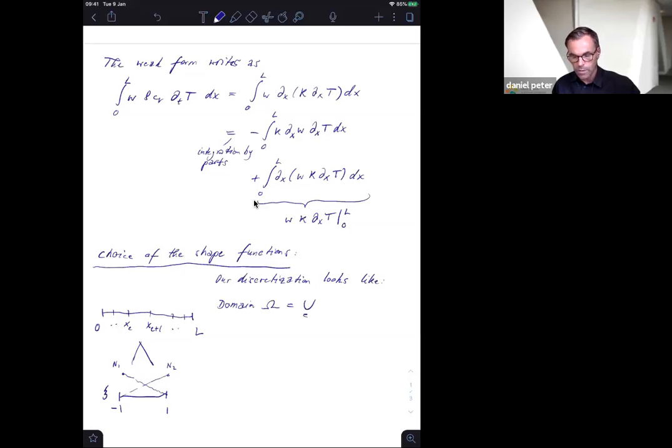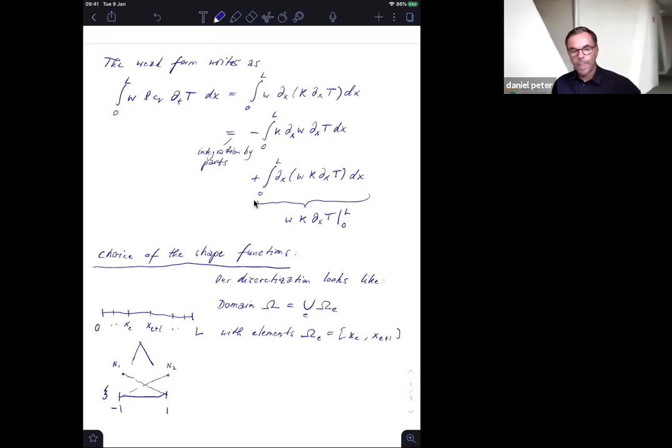So we can write this as the union of all the finite elements, with our elements omega E, which are defined in the range between the position xe and xe plus 1. So now we have it discretized into a number of finite elements.